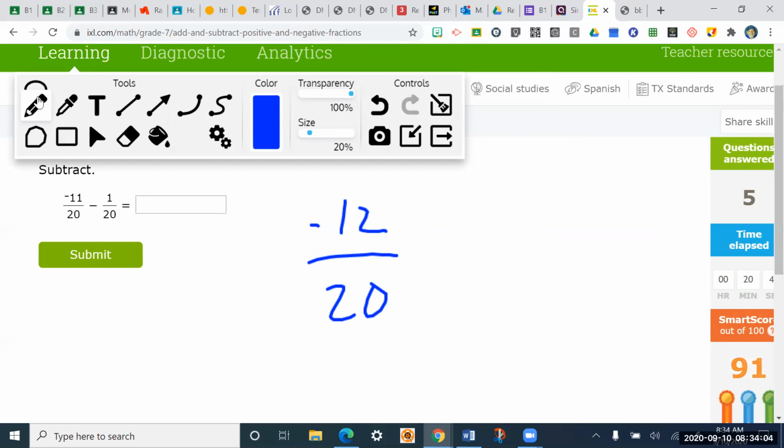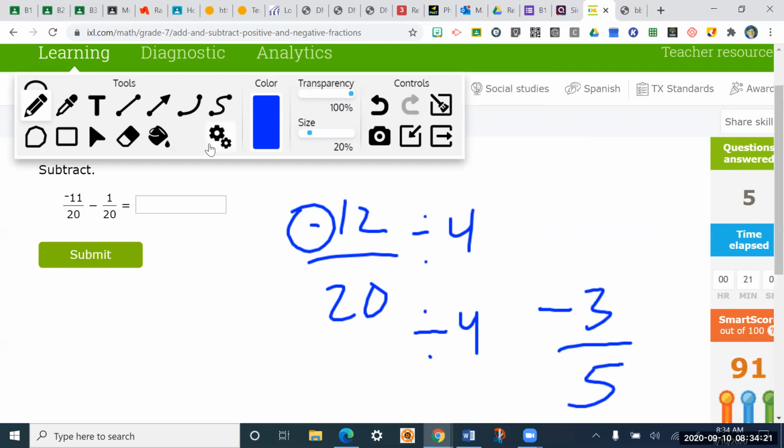So 4 goes into both. So we can divide the top and bottom by 4. And don't forget the negative symbol here. I'll end up with negative 12 divided by 4 is 3. 20 divided by 4 is 5. So that is my answer. -3 divided by 5.